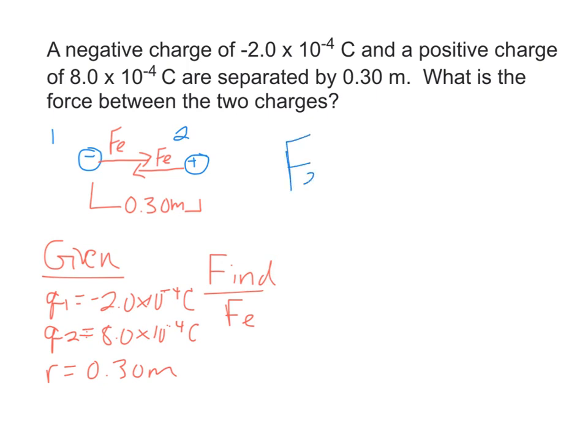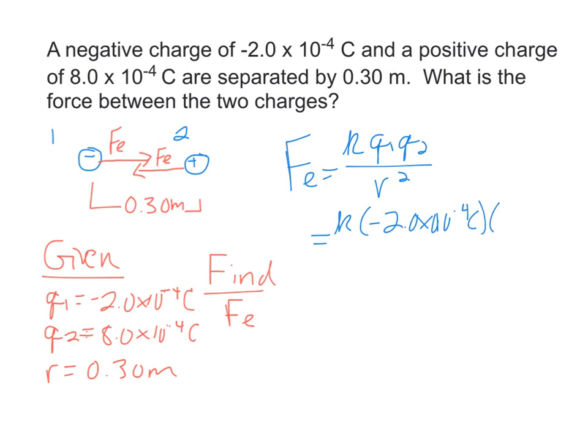We're going to use Coulomb's law. Fe equals K Q1 Q2 over R squared. Just putting all the numbers in. I don't write out K, just like I never wrote out big G, because it's a number I store in my calculator as the letter K. So that's 9 times 10 to the 9th times Q1, negative 2 times 10 to the negative 4th coulombs, Q2, 8 times 10 to the negative 4th coulombs, over, everyone makes this mistake sometime, forgetting to square, so 0.3 meters squared.